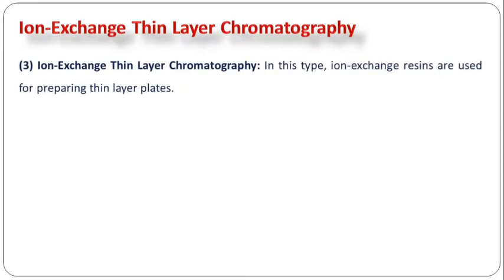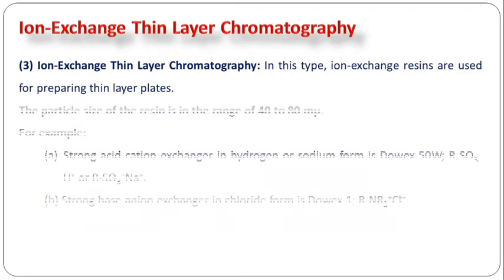Principles and applications are the same as ion exchange chromatography, only the exchangers are bound on the plate. In this type, ion exchange reagents are used for the preparation of thin layer plates.